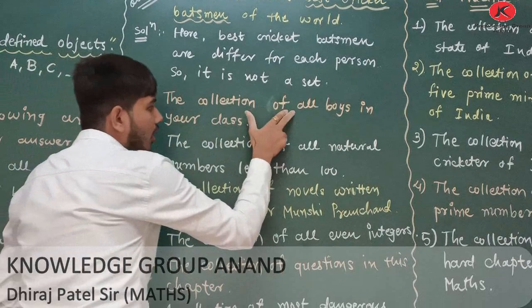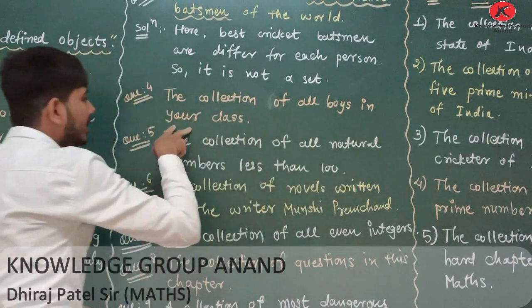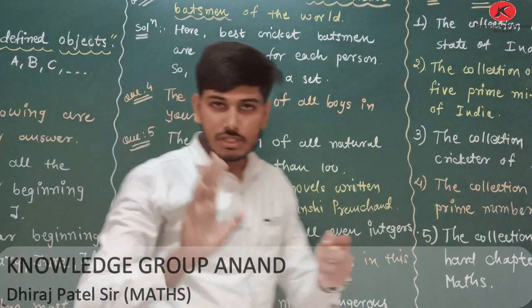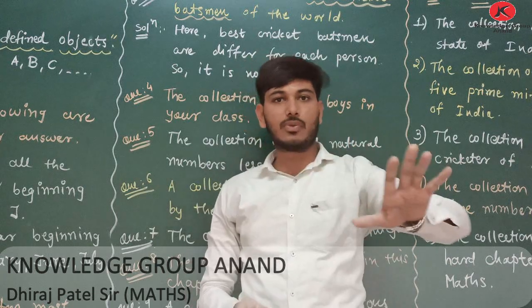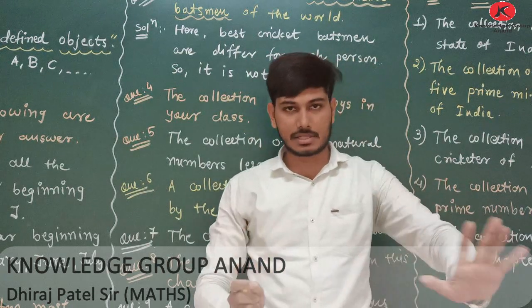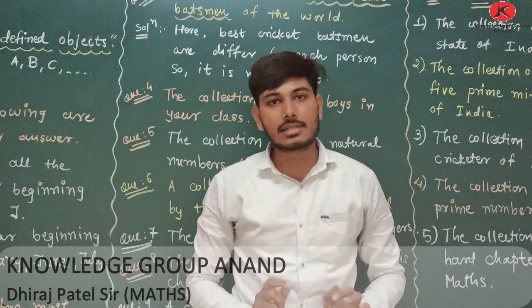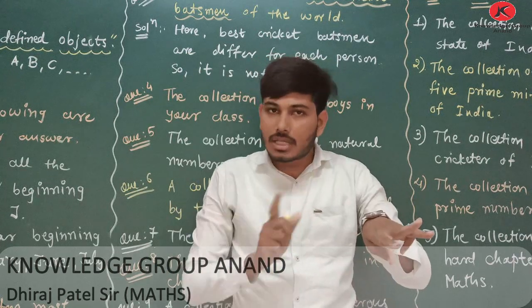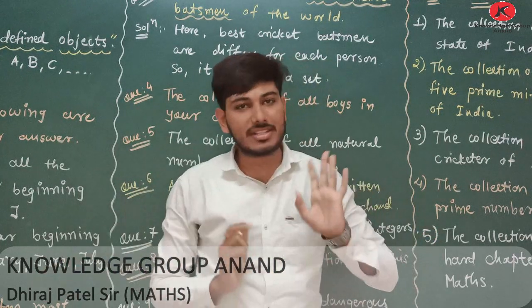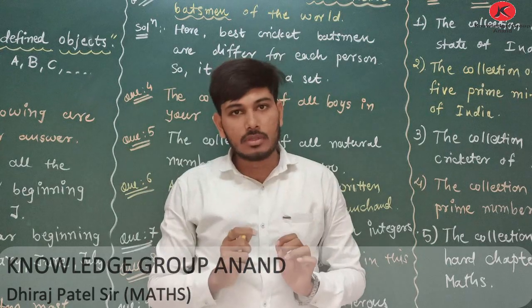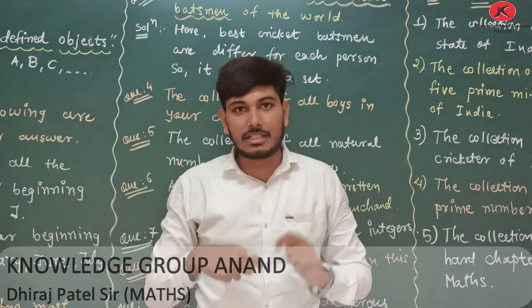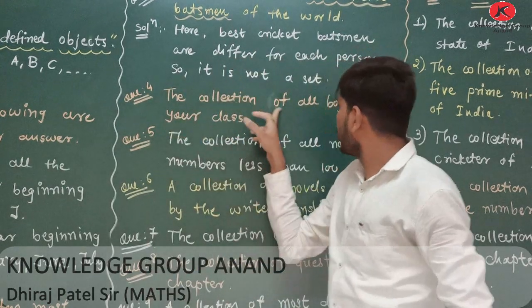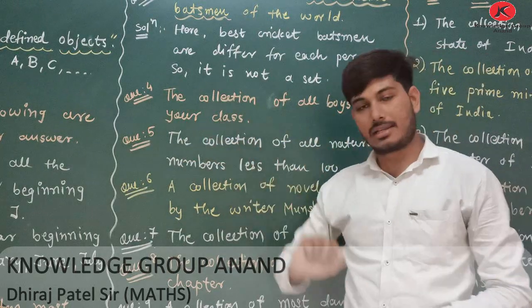Now, question number 4. The collection of all boys in your class. Suppose the total strength of your class is 60: 30 girls and 30 boys. Now I am asking, the collection of all boys in your class.